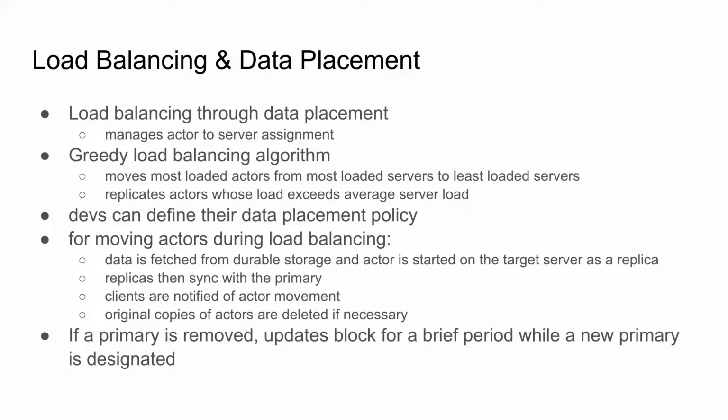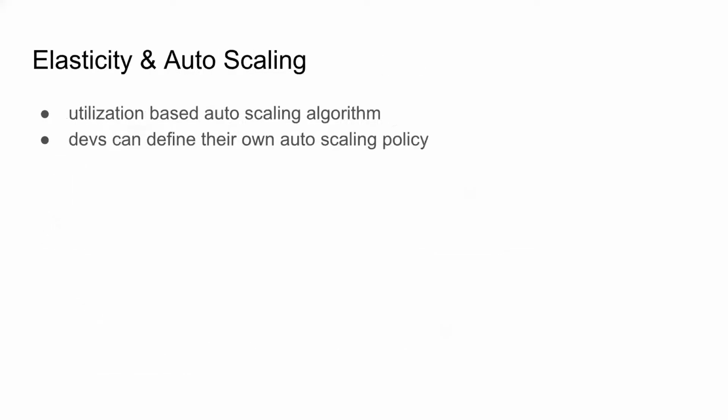This feature is necessary for consistent performance across all workloads, since the load on the system can vary over time, they benefit from elasticity, which is the ability to dynamically adjust the cluster size.